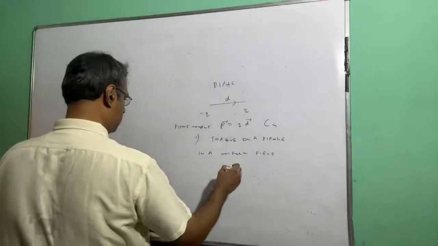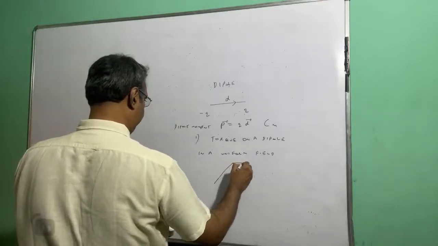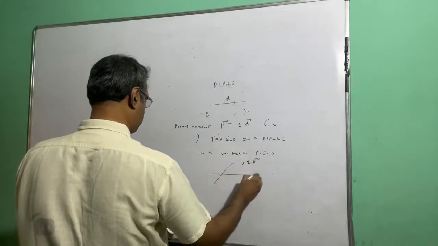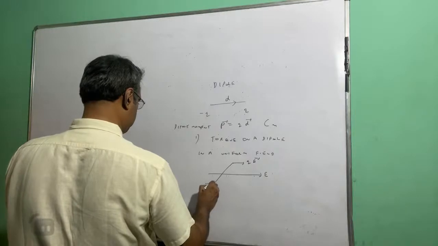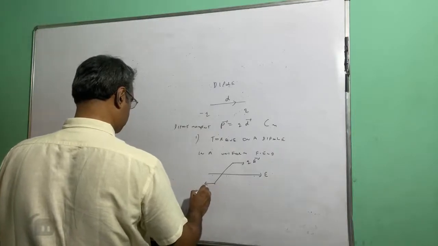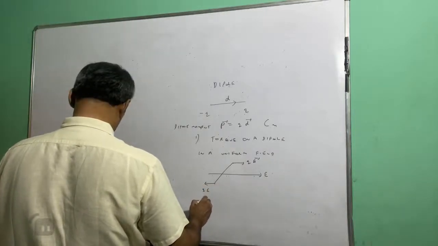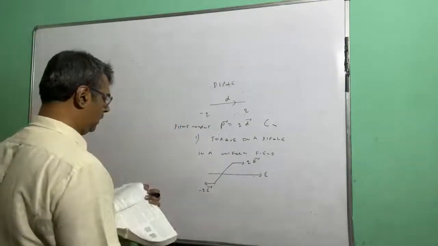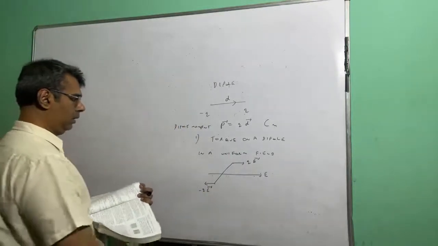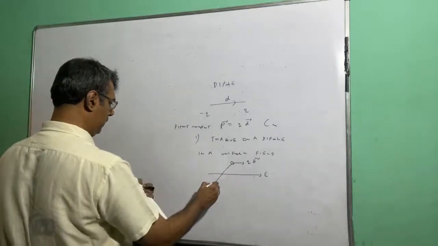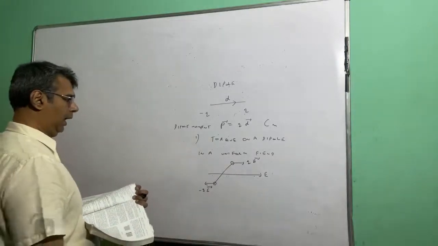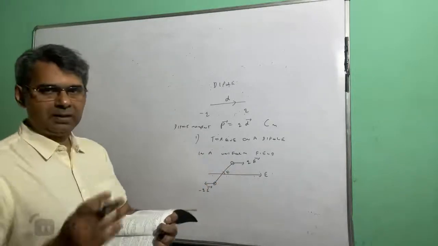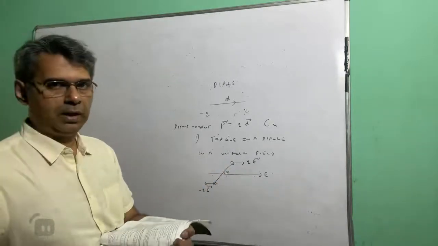Suppose there is a dipole, with the positive charge here and the negative charge here. The straight line joining the negative and positive charge is called the axis of the dipole.